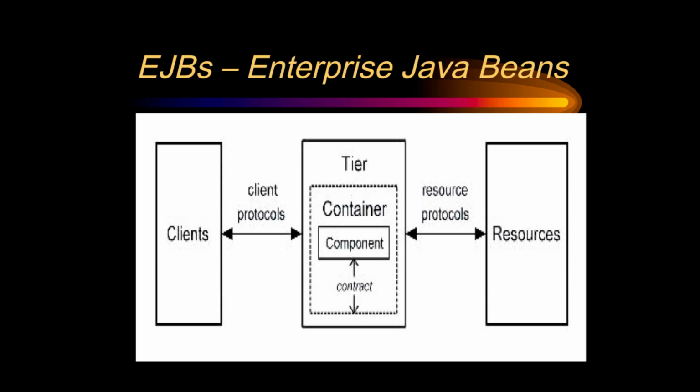The client protocols might be things like XML, HTTP, HTML, whatever. The resource protocols are probably things more like JDBC or remote database calls. But you can also add your own protocols within a company.